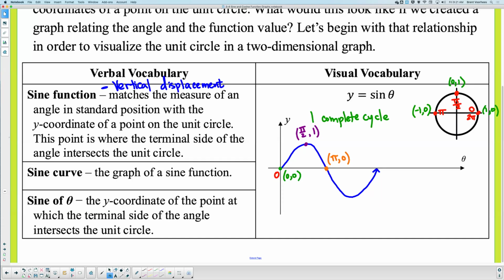Are you kind of catching on to how this is formed? Okay, you tell me then. If this is 3 pi over 2, that's hard to see. Let me do it again. 3 pi divided by 2. If that's where the radian is, and if the location of the point is 0 comma negative 1, what do you think are the coordinates that I need to label this point right there as?